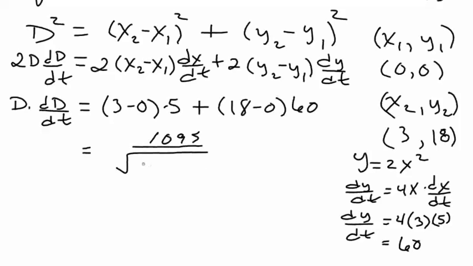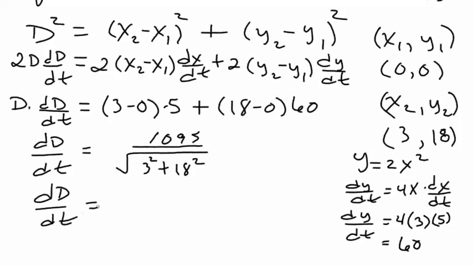So this becomes 3 squared plus 18 squared, dd over dt, and then we'll write the approximated value down here. So that's divided by the square root of 9 plus 18 squared.